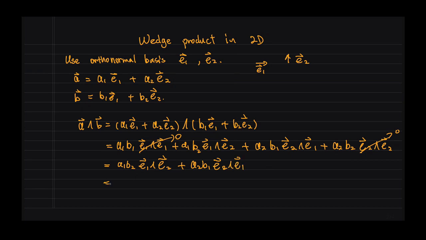And we know that E1 wedge E2 is equal to minus E2 wedge E1, so we would like to express them in this form: A1 B2 minus A2 B1 times E1 wedge E2.